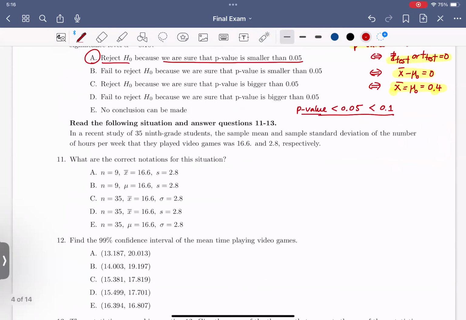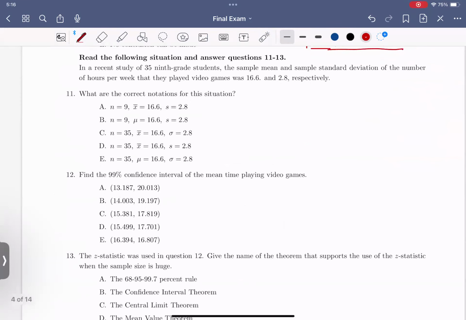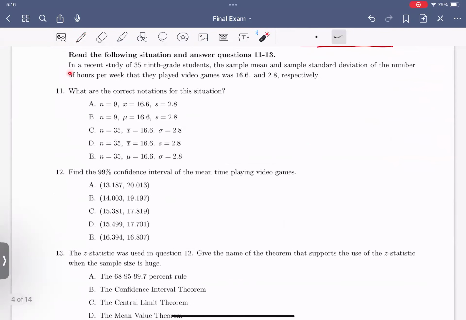Questions 11 to 13. We have the situation here. In a recent study of 35 ninth grade students, the sample mean and sample standard deviation of the number of hours per week that they play video games were 16.6 and 2.8 respectively. So what are the correct notations? Well, this one is super easy.